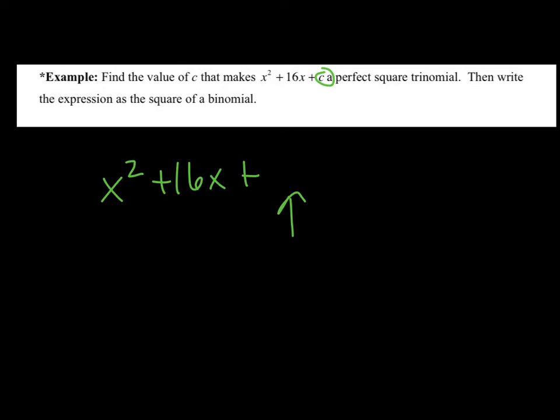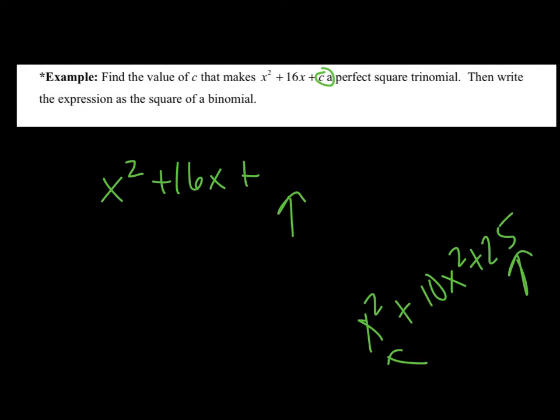Well, if you guys remember me saying, when we have a perfect square trinomial, so say we had, just as an example, x squared plus 10x plus 25. I said it's the square root of the first times the square root of the last, doubled.